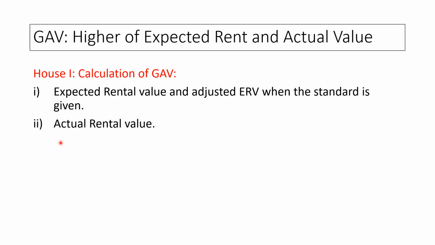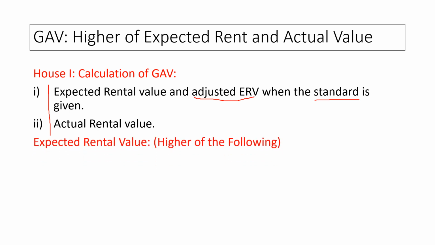So first, for calculating GAV, we require these two things, expected rent as well as actual rental value. In case standard rent is given, then adjusted ERV arises. After that, we need to calculate expected rental value first.